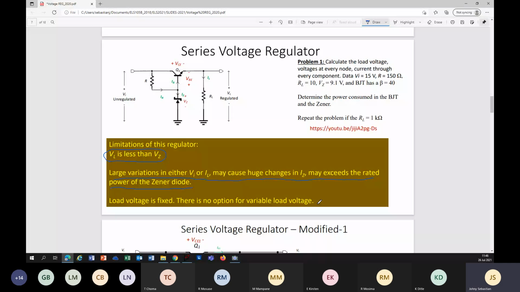Tomorrow, you want to charge your cell phone. The same power supply cannot do the job, because mobile phones are charged at a much higher voltage. In other words, one power supply for one application. This is a disadvantage of the current series voltage regulator. We need to modify it and solve all these problems.